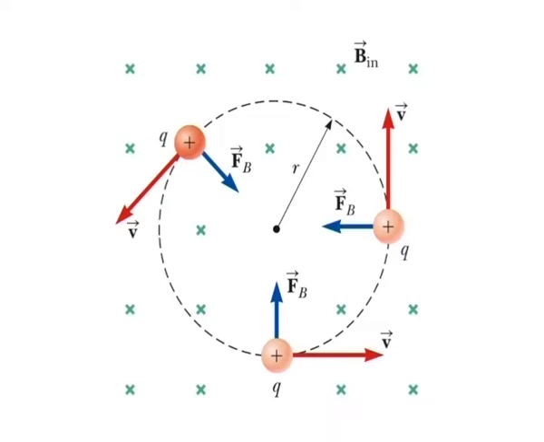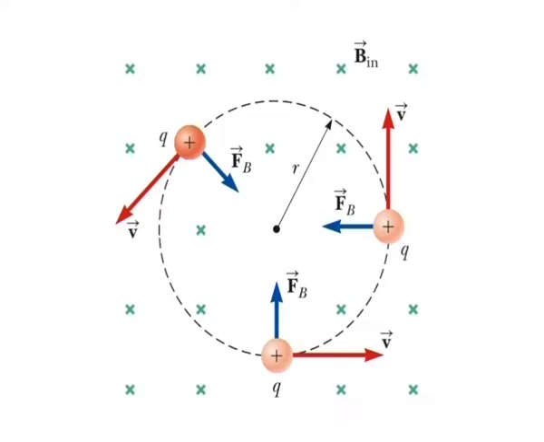Now consider the special case of a positively charged particle moving in a uniform magnetic field with the initial velocity vector of the particle perpendicular to the field. Let's assume the direction of the magnetic field is into the page as in the figure.